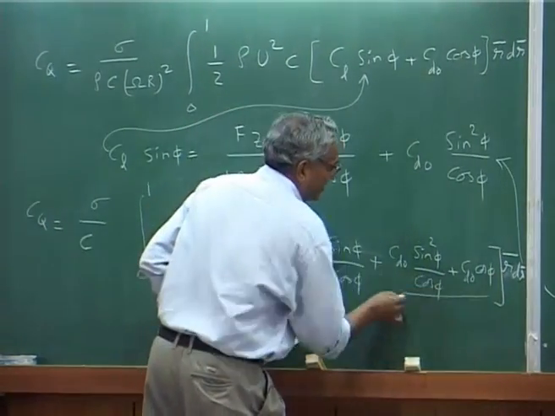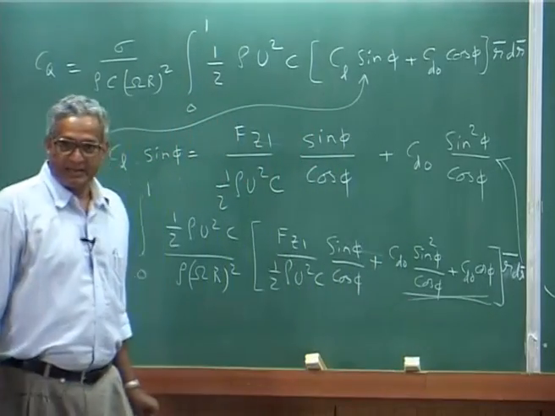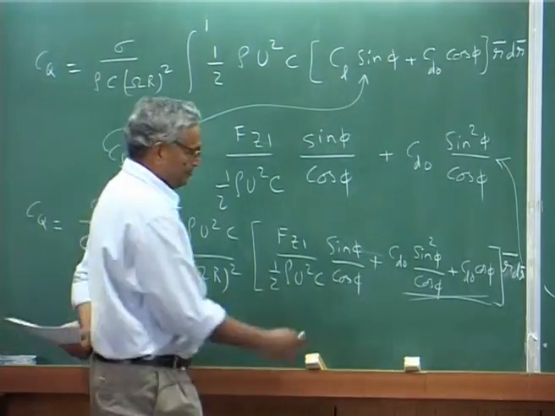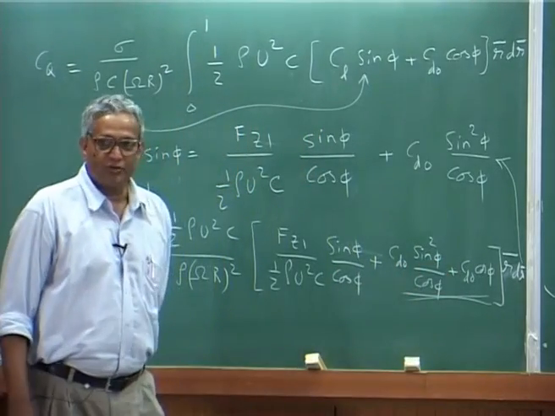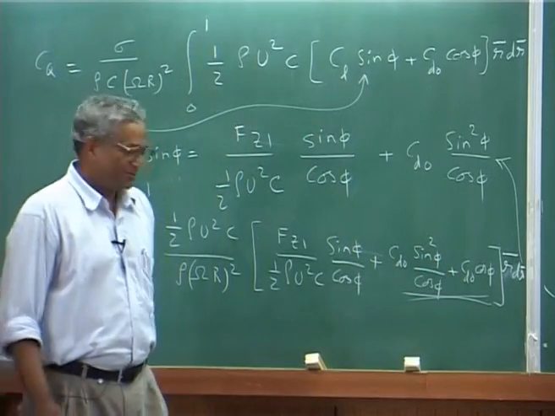Now, if I club these two terms, this will become C_D0 over cosine phi. Okay.